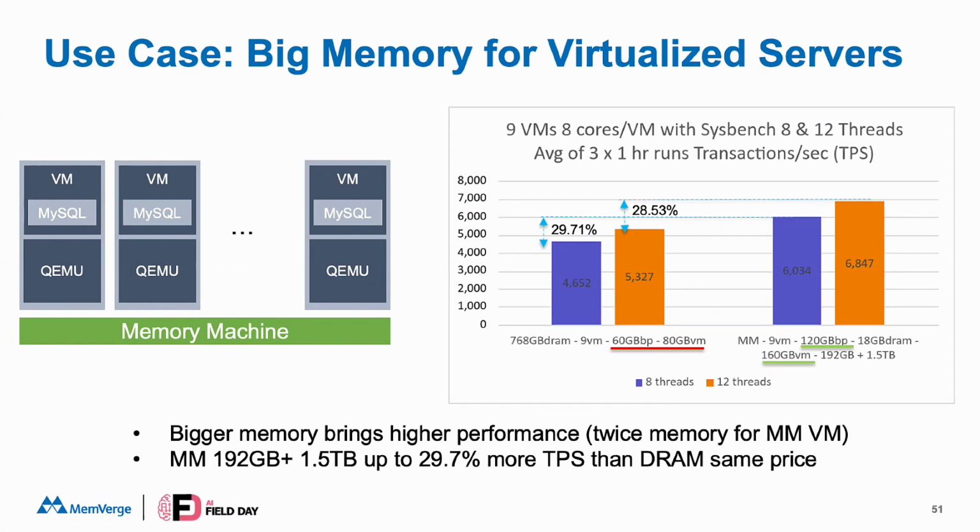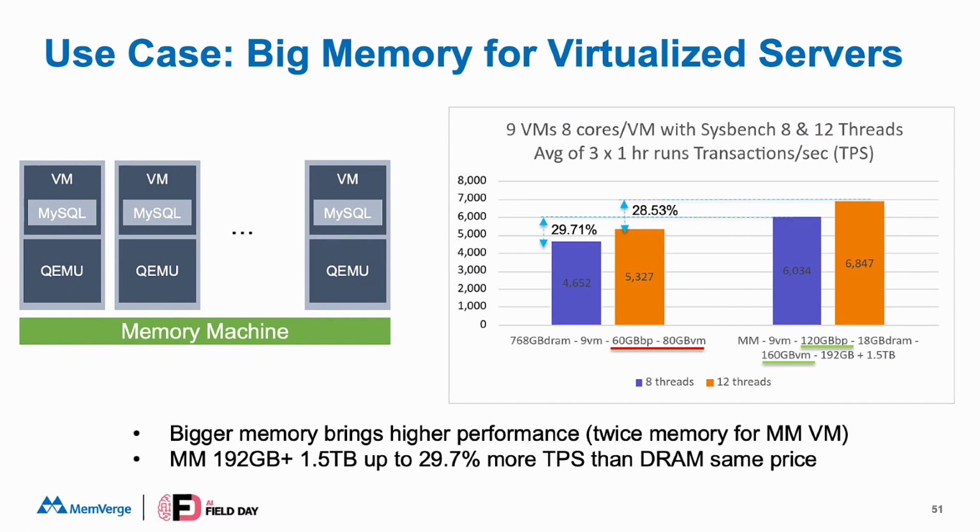On the left-hand side, each VM has 80 gigabytes of memory, and among the 80 gigabytes, 60 gigabytes of each VM is allocated for MySQL to use as a page buffer pool. On the right-hand side, because we have more memory to use, each VM can now have 160 gigabytes of memory, and among this 160, 120 is given to the MySQL database as a buffer pool.